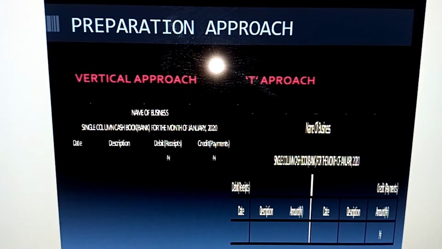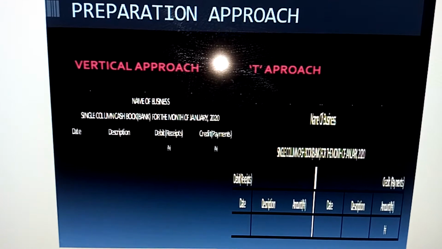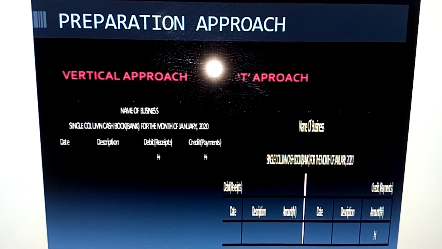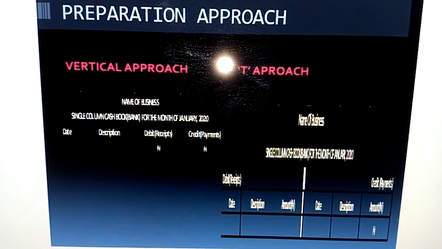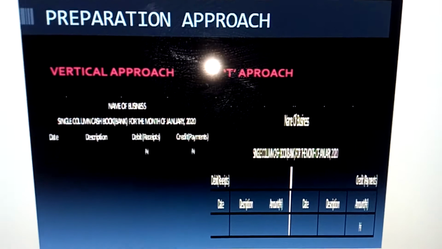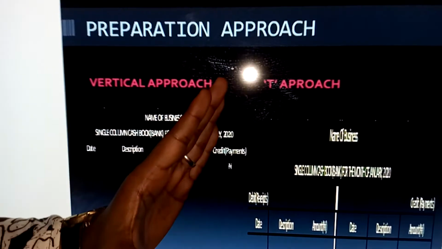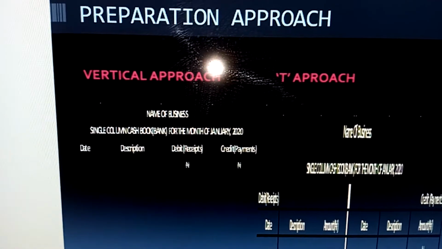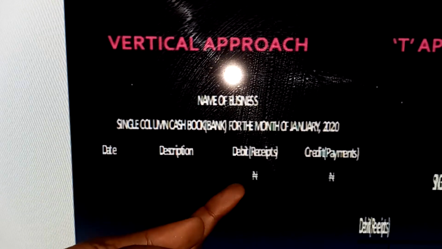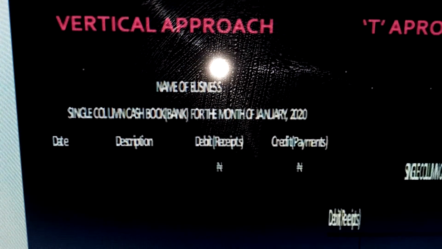Now let's look at the preparation approach. There are two approaches to preparing the single column cash book. We have the vertical approach and we have the T approach. The vertical approach flows everything vertically, still showing the receipt side, which is the debit, the credit side, which is the what? Payments.